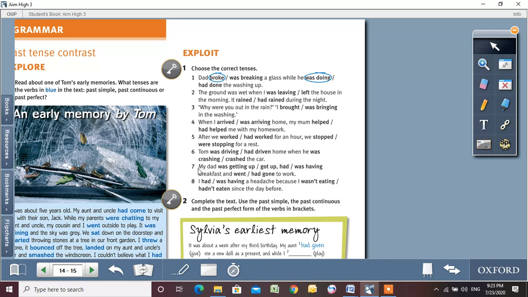Number 7. My dad got up, had breakfast, and went to work. Number 8. I had a headache because I hadn't eaten since the day before. Let me show you the answers.